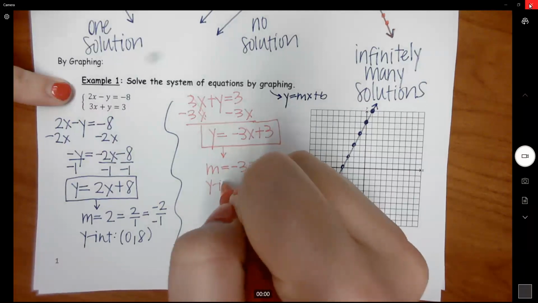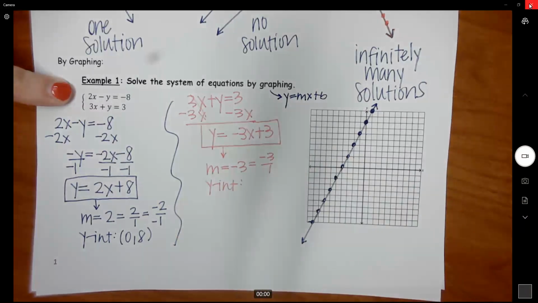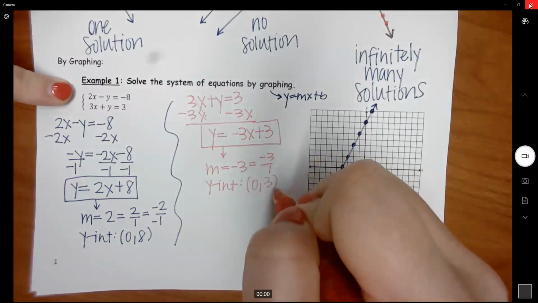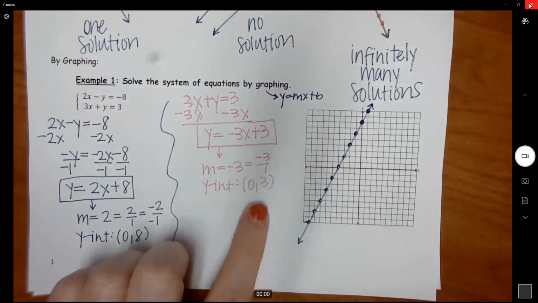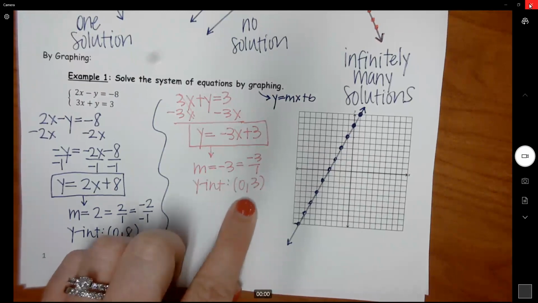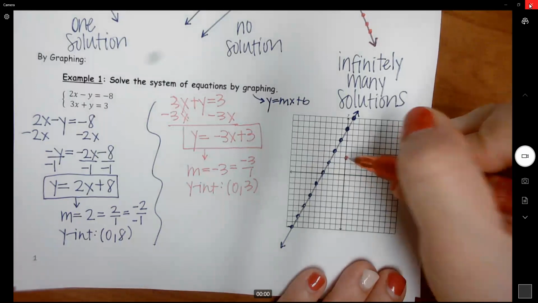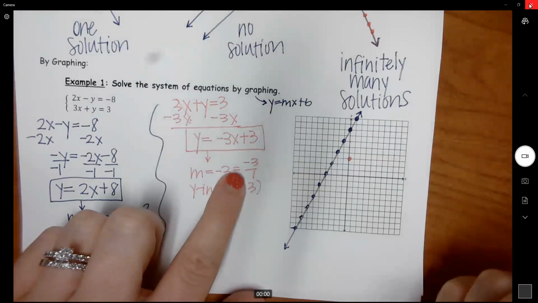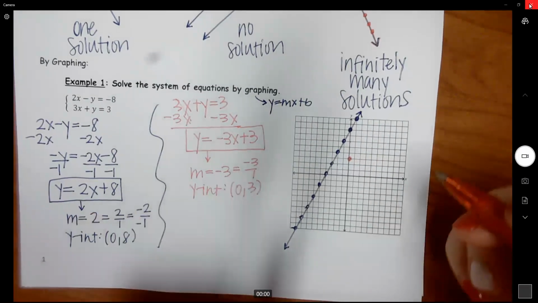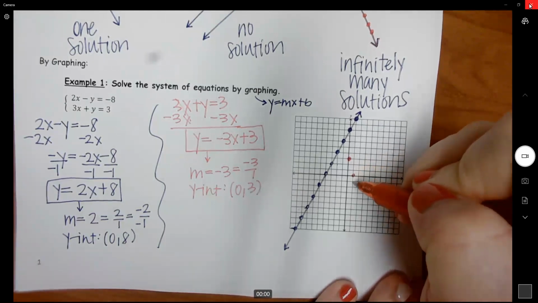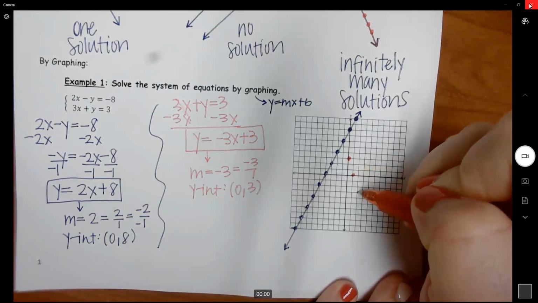And my y-intercept is the point (0, 3). So I will start with my y-intercept of 3. And then my slope is -3, which is the same as -3 over 1. So that is down 1, 2, 3 over a +1, down 1, 2, 3 over a +1.